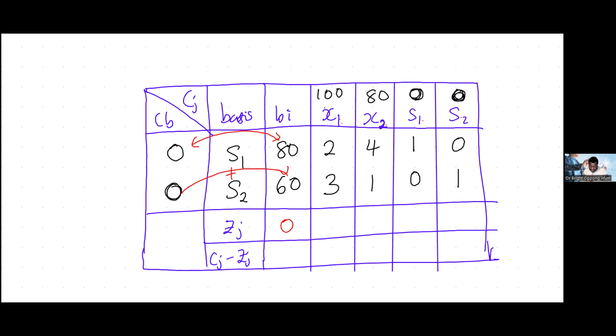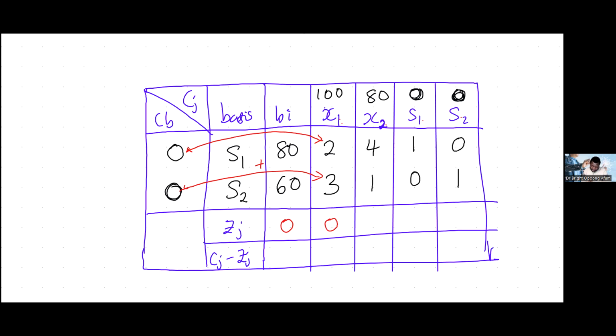The same thing, we multiply 0 by 2, and we add it to 0 times 3. So 0 times 2 is 0, plus 0 times 3 is also 0.